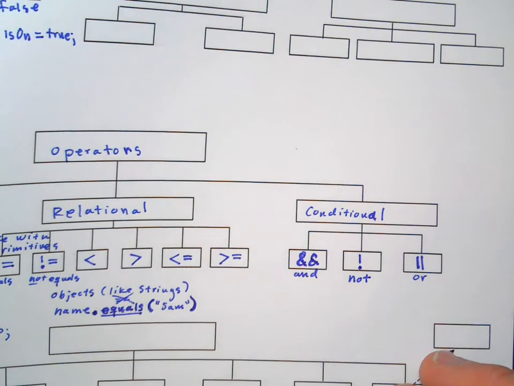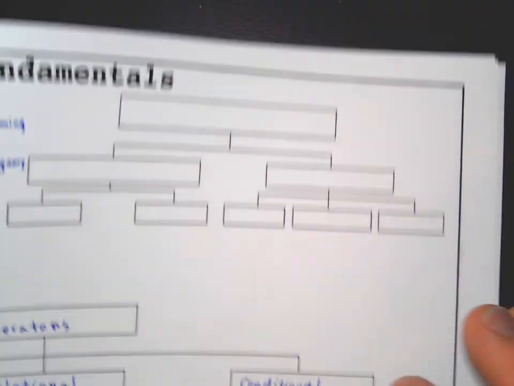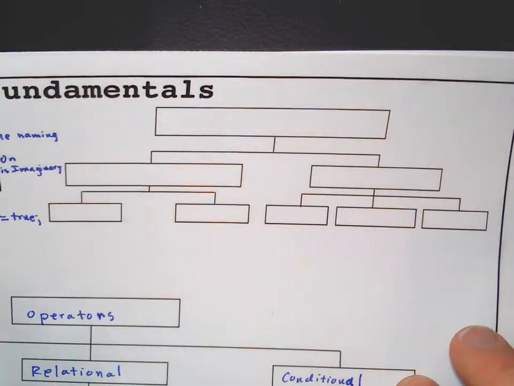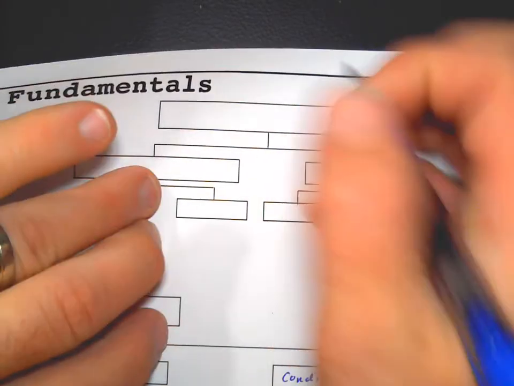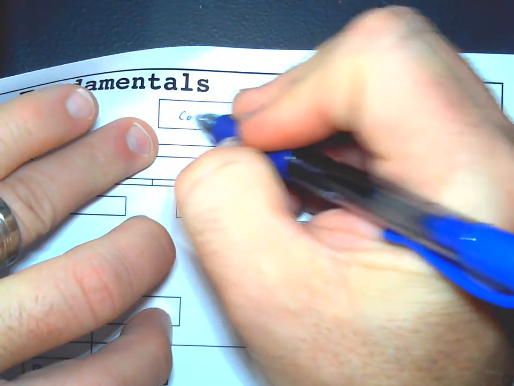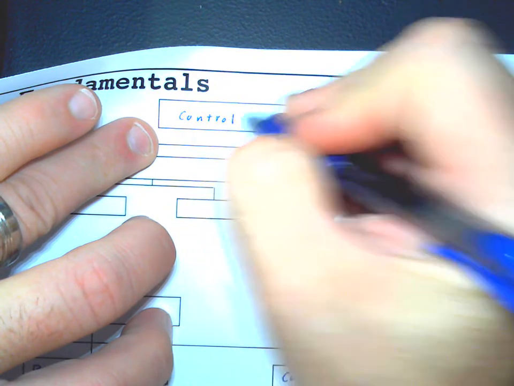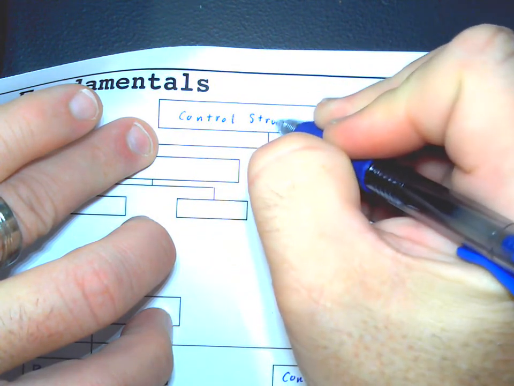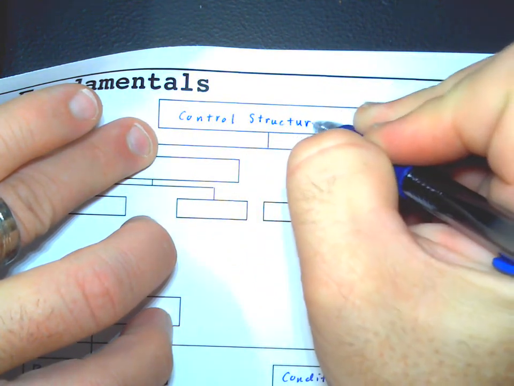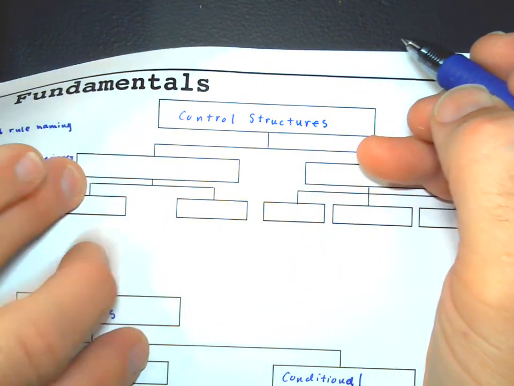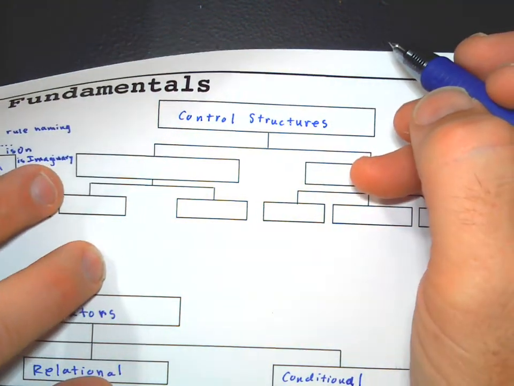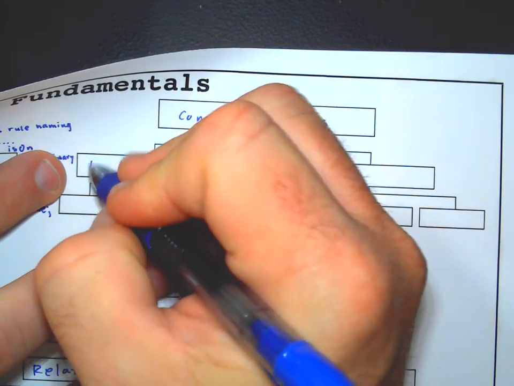Now let's go ahead and jump back to the top here. And here I want to talk about control structures. So, control structures. We're going to break this down in two categories.